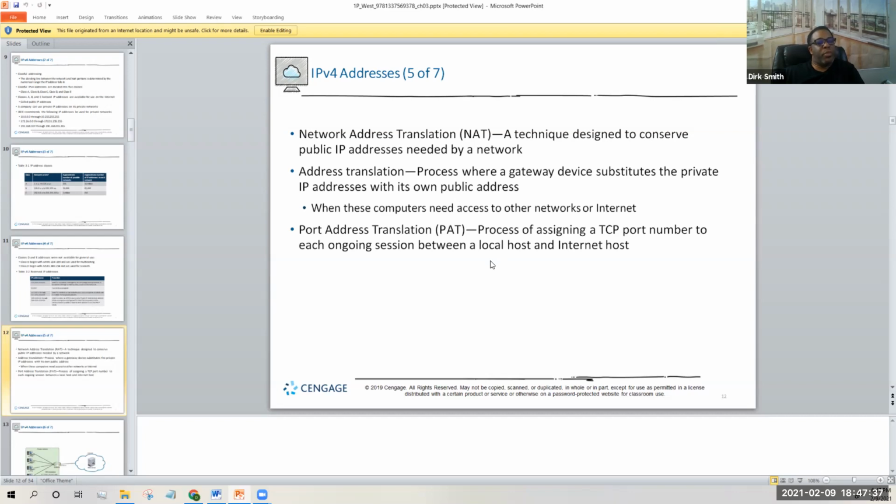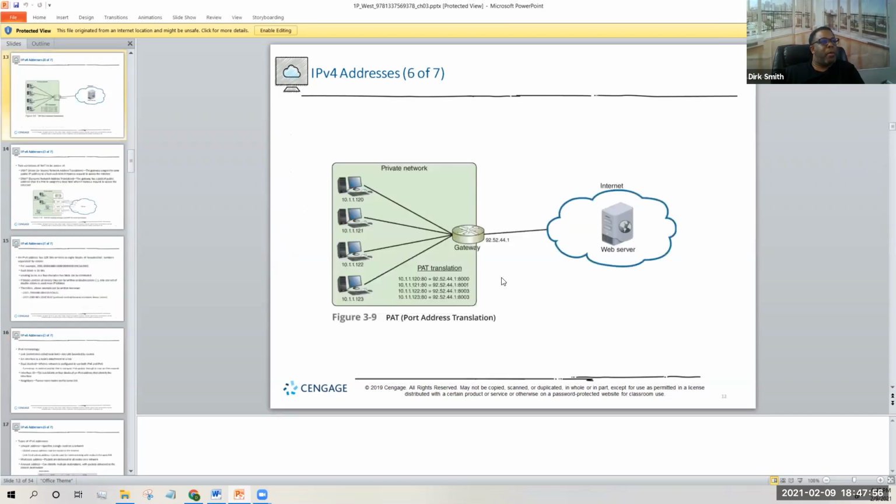This gets a little deeper and into the woods, but just be familiar with the terms and what they do. PAT, port address translation, is a process assigning a TCP port number to each ongoing session between the local host and the internet.